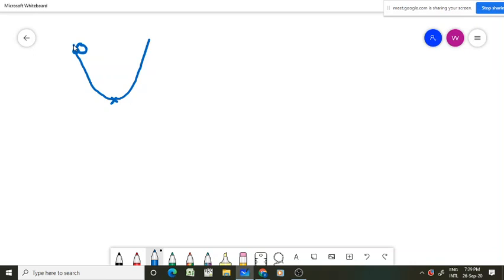If I drop a ball here, then it will move along the curvature of the bowl in the downward direction, right? Do you think it will come down and saturate here? No, because of its momentum, its energy, it will not be stable here.